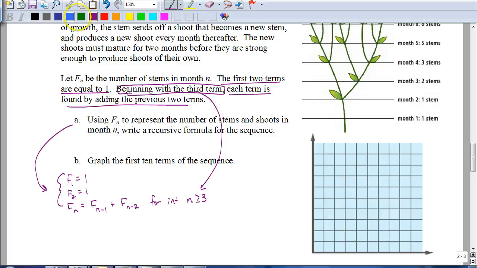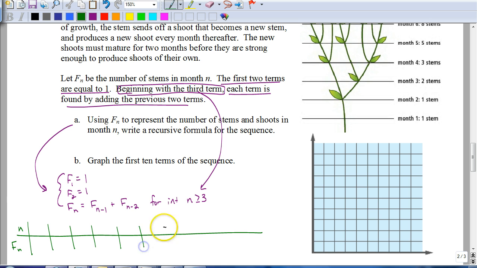Okay, so now we want to find out what the first 10 terms are going to be. I guess this would be f sub n. Okay, we already know what the first term is.